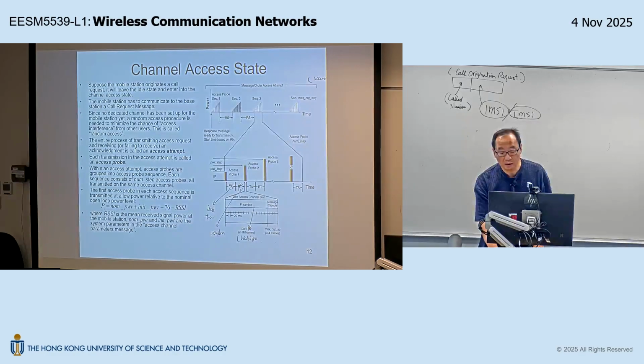If I'm that unlucky and the second attempt is also colliding, then I may not be that unlucky in the third attempt, where we end up having the same random time realization and colliding with each other, right? So you see that the chance for us to collide in the subsequent attempts is decreasing exponentially. Is that okay? So that's why we need to wait for the random time, because every competitor may have a different realization of the random time. Therefore, if we collide in one attempt, we may not collide in the subsequent attempt.